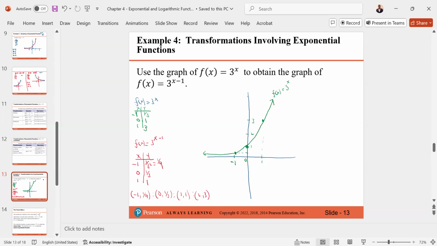So let's do that. 2 would give me 3. 1 would give me 1. 0 would give me 1/3. And -1 would give me 1 over 9. So this is the graph for us.